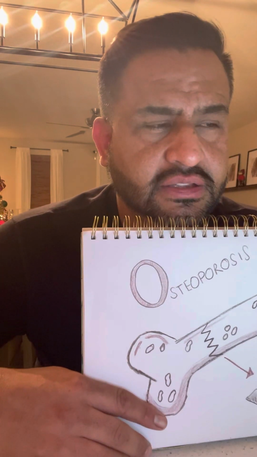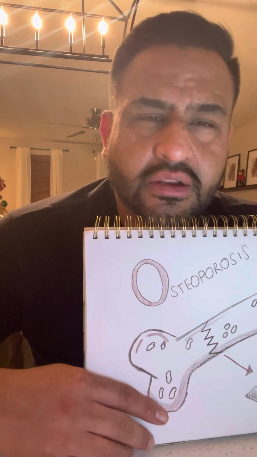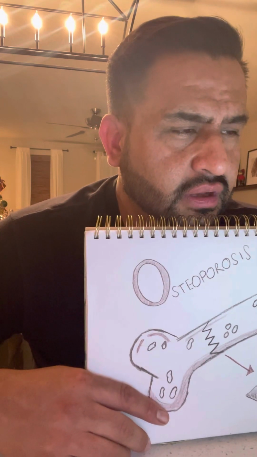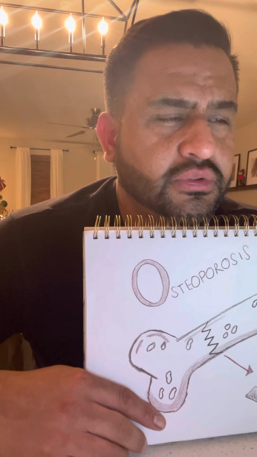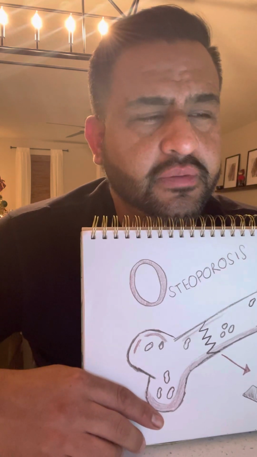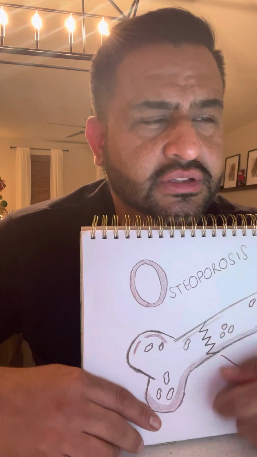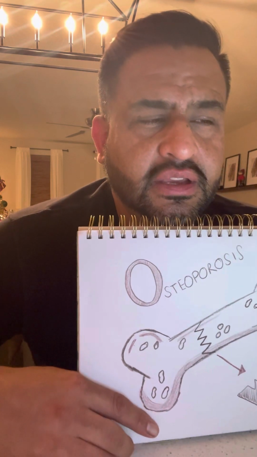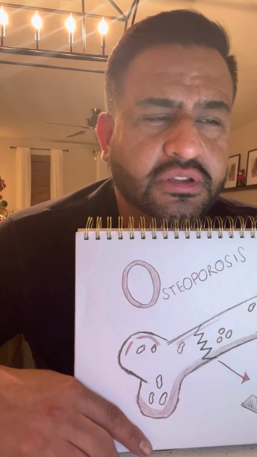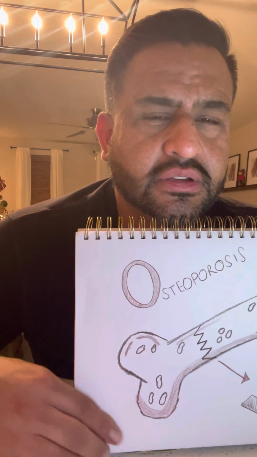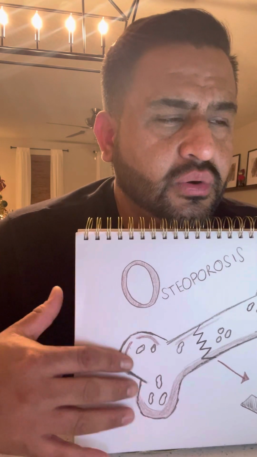Tests to diagnose this condition: testing for osteoporosis can't be done by a regular x-ray because it will not detect the osteoporosis until it is 25 to 40% of a calcium loss in bone.